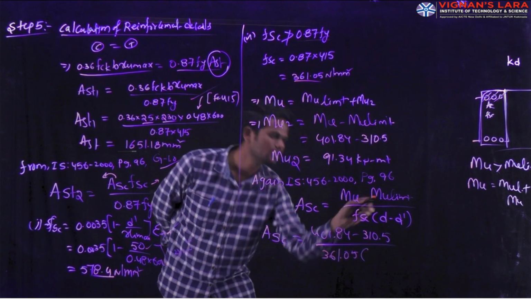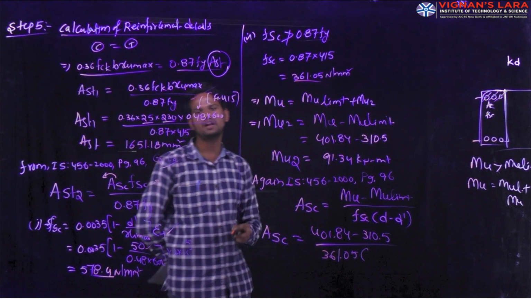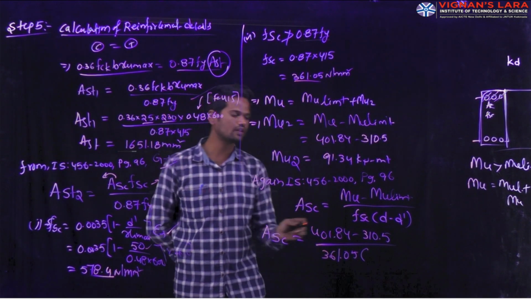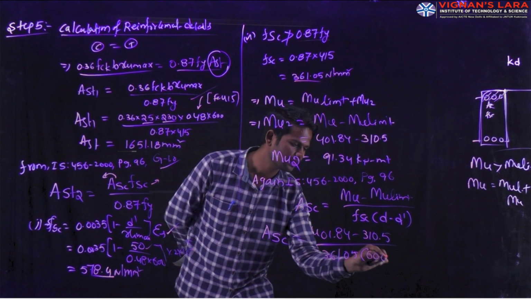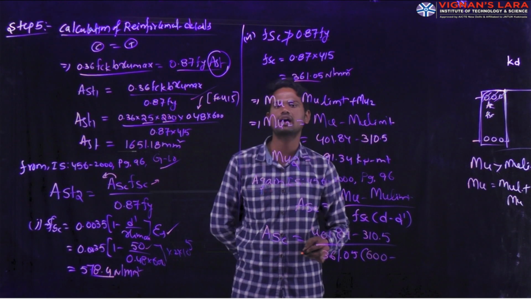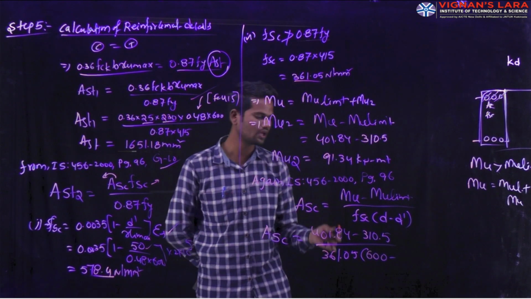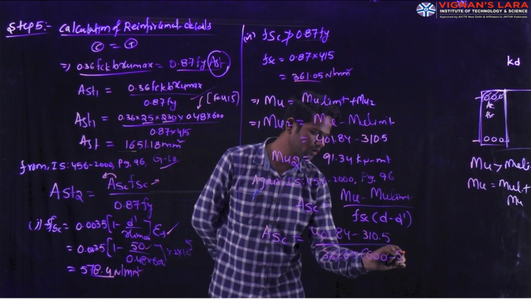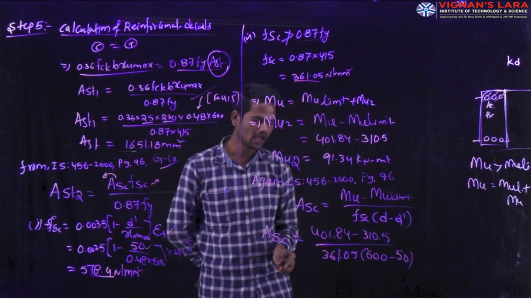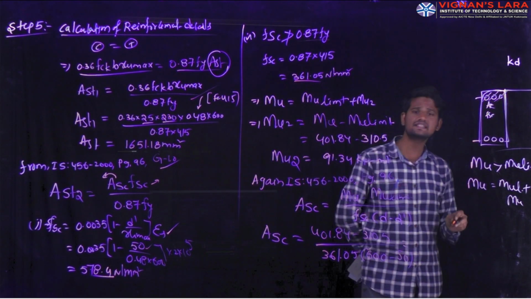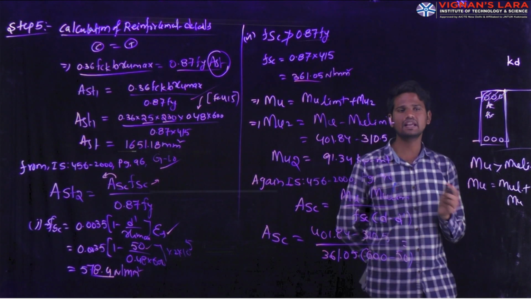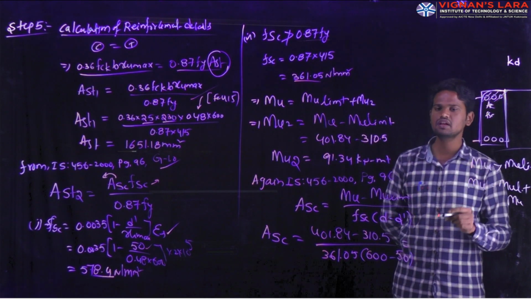That FSC we have as 361.05 into d minus d dash, where d is the effective depth we are providing for the beam. The effective depth we are providing is 600 mm, minus d dash, the effective cover we are providing to the beam, which is 50 mm. If you calculate this, you will get the area of the steel reinforcement for this compression phase.